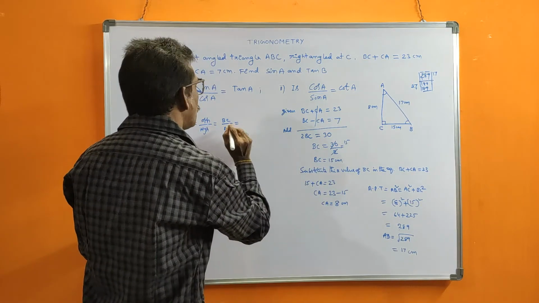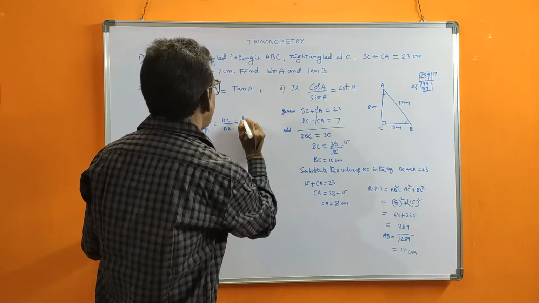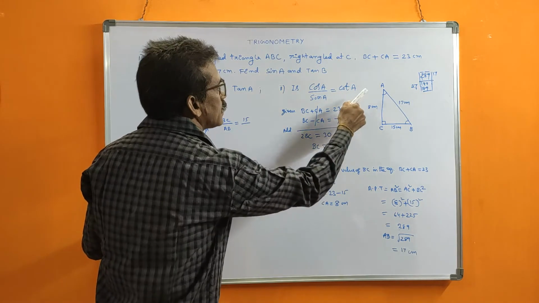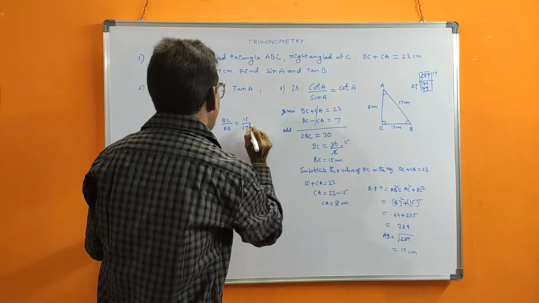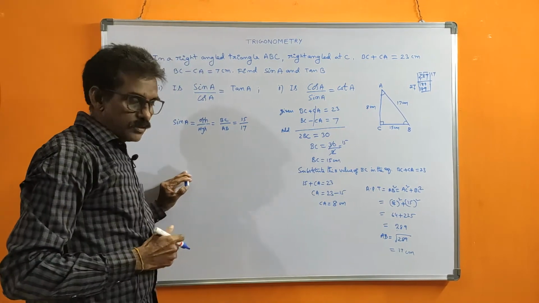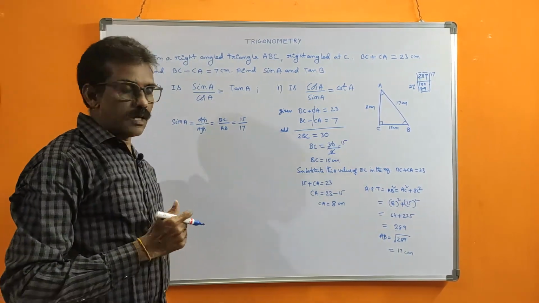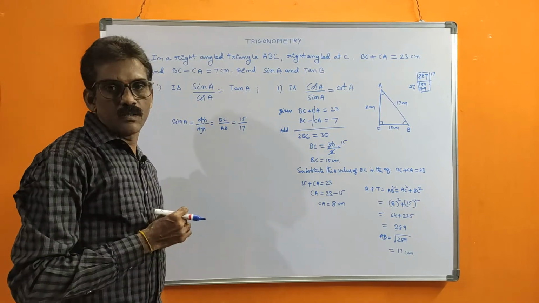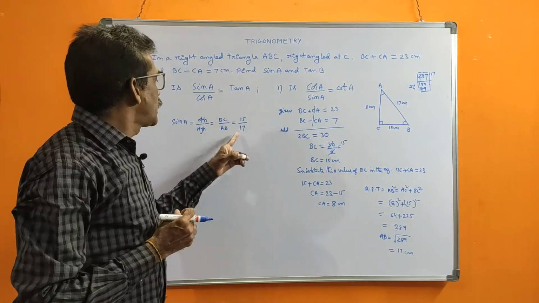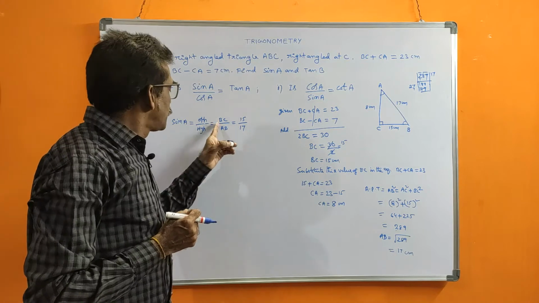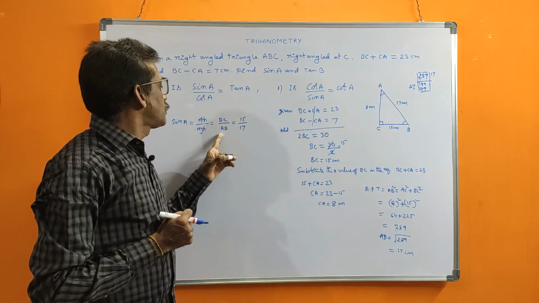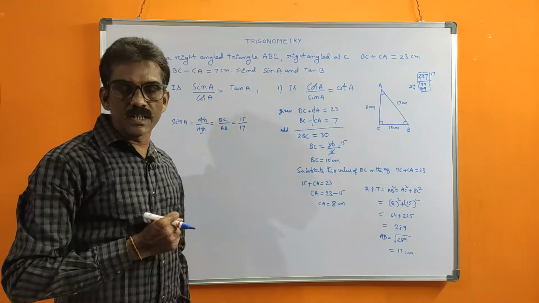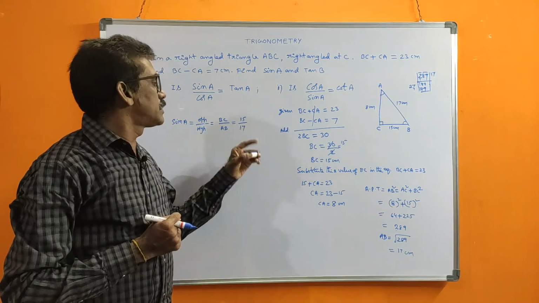So BC value 15 by AB value 17. Here you don't write units. I told already in the last video, for ratios there are no units because it is simply a ratio. BC side to AB side ratio is 15 by 17, meaning BC is to AB is equal to 15 is to 17. That is the meaning. So don't write units.